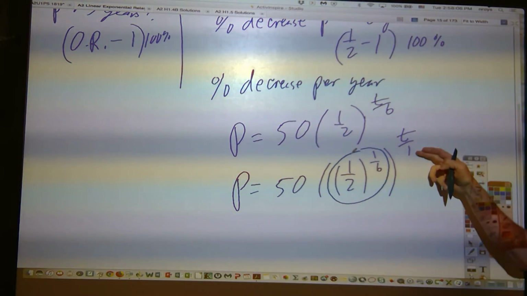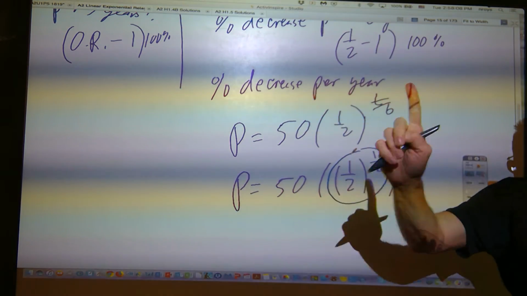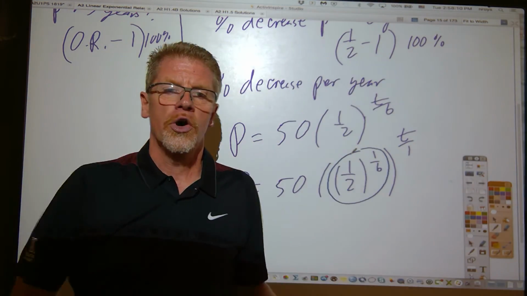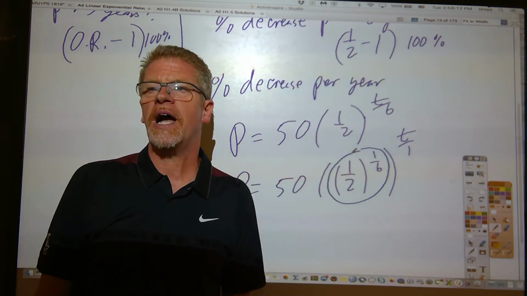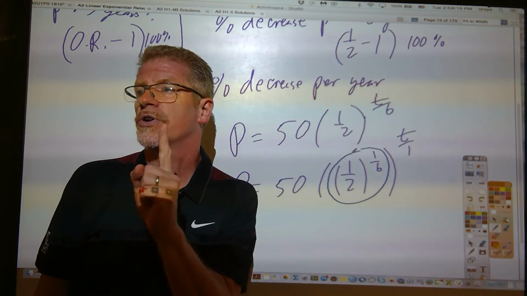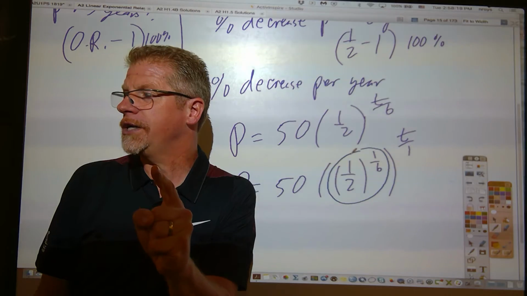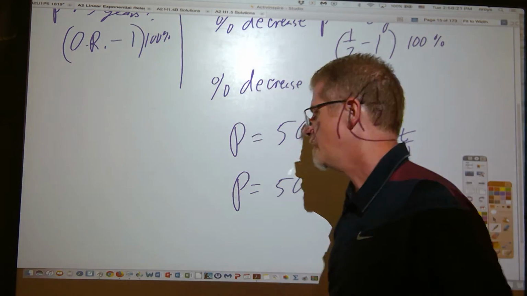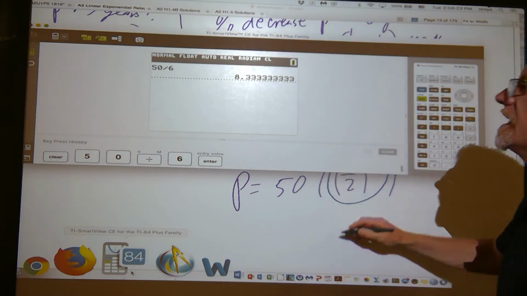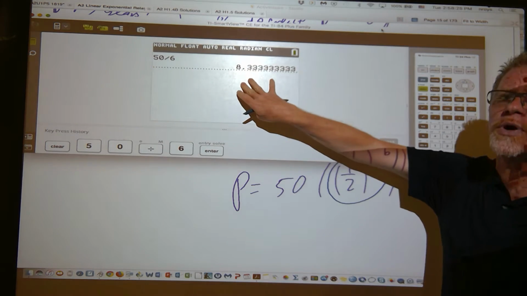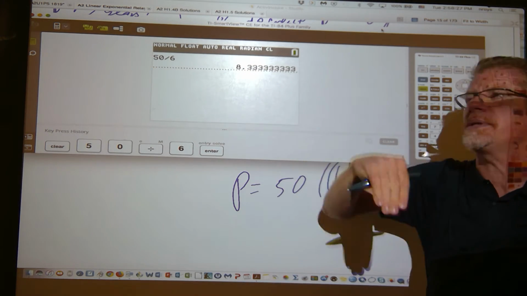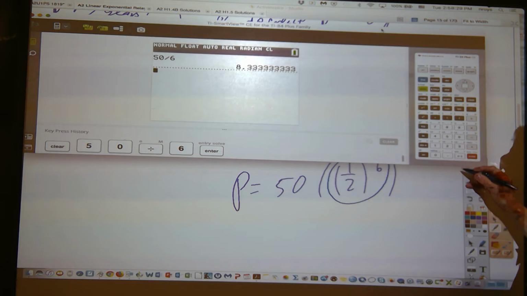Since the input change is 1 year, we call 1/2 to the 1/6 power a 1-year output ratio. So we'll take that 1-year output ratio, subtract 1, and multiply by 100. That can easily be done on the calculator. Notice it's not 8.3% per year that the population is sinking.